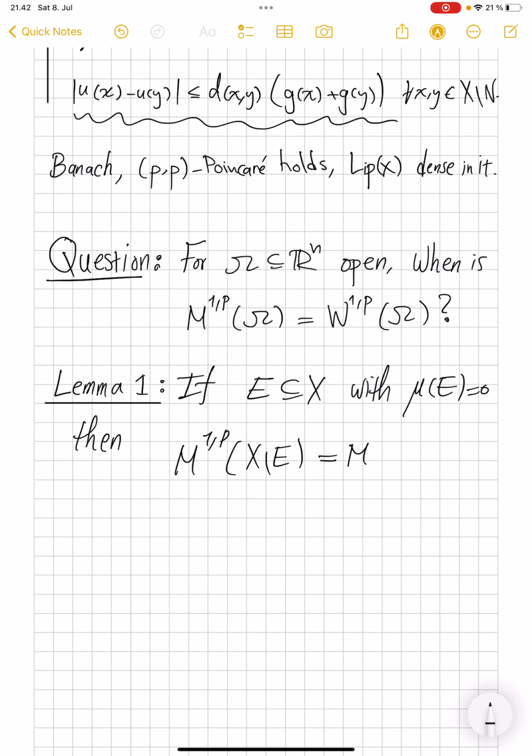This space coincides with M^{1,p} of X in the sense that to every function we can uniquely associate a function in the other space with equal norms. So as Banach spaces, they are equivalent.